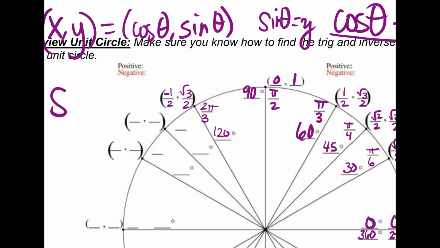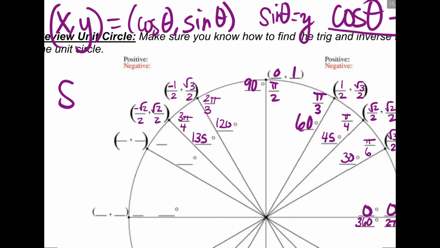So let's see, next is our 135, which is 3 pi over 4. And it's just the same as the reflection across. So it's these same numbers, except x is negative, same y. So literally, you know the first quadrant, you know the second quadrant, you're just changing all the x's to be negative.